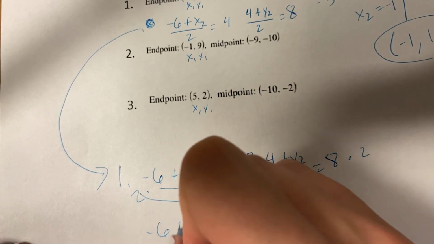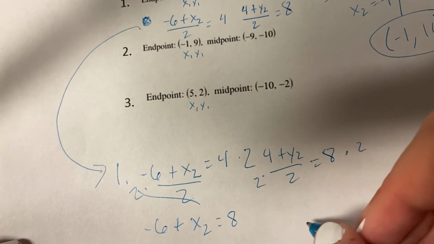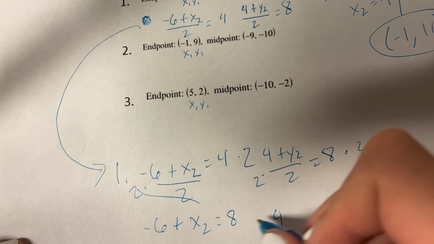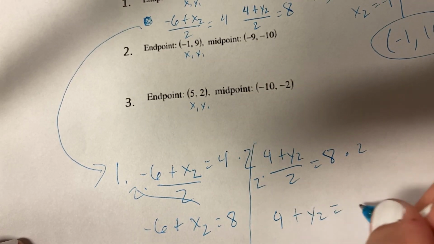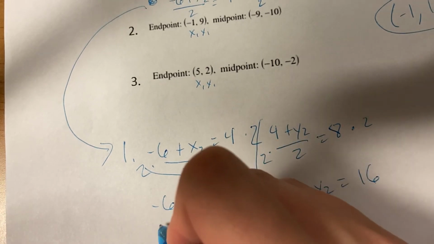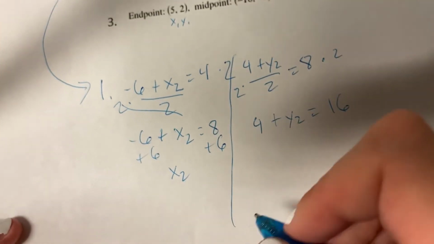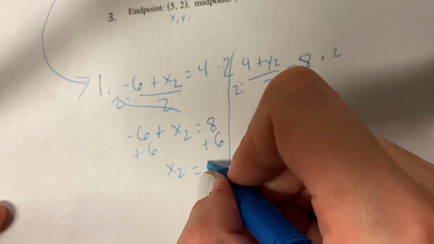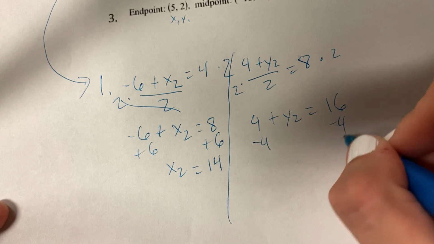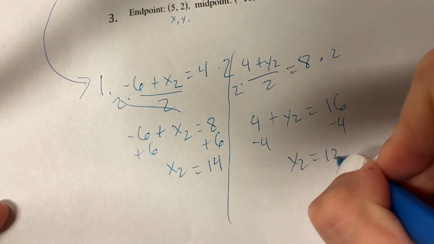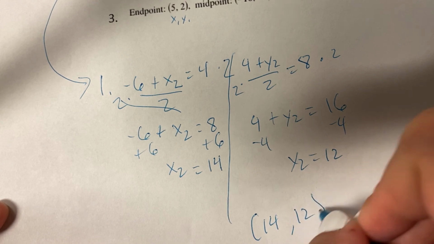So negative 6 plus x sub 2 is equal to 8, and 4 plus y sub 2 is equal to 16. I'll add 6 over here: x sub 2 is equal to 14. And then subtract 4: y sub 2 is equal to 12. So my answer is 14, 12.